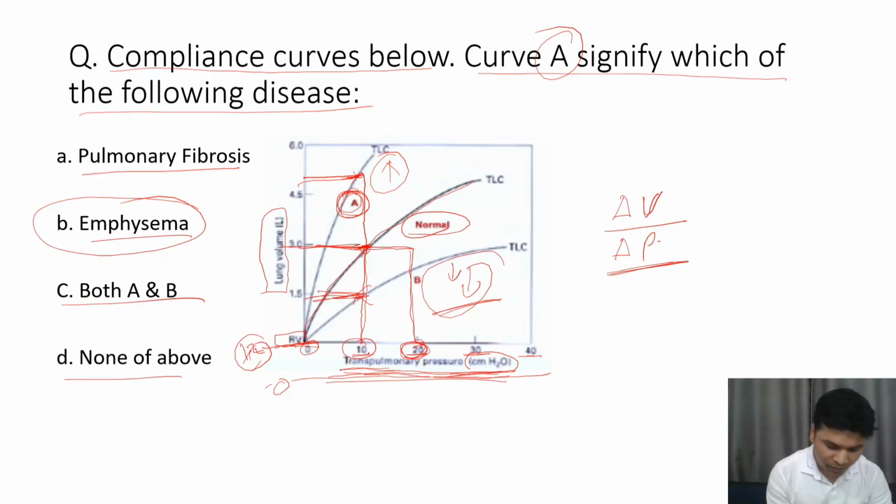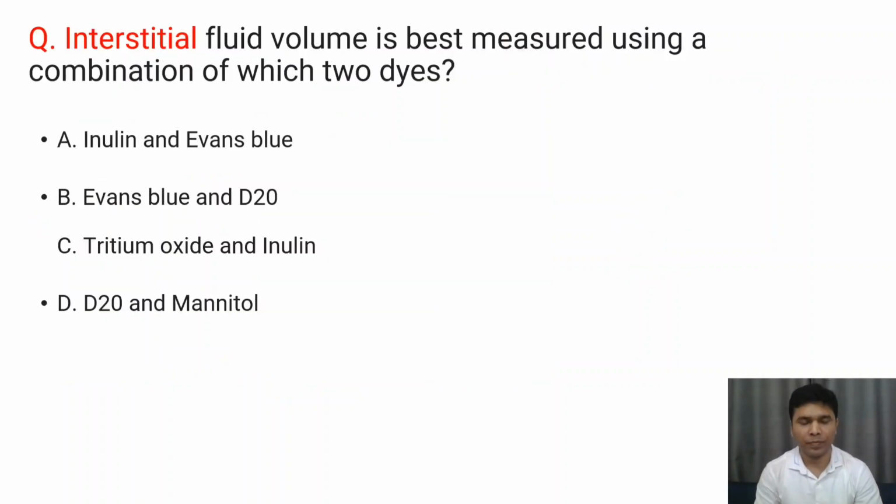So in emphysema, because of the loss of elastic tissue, the lung is easily inflatable, and with a slight change in pressure the volume will change so much. So the answer will be A, showing emphysema. So it is clear, the answer is emphysema.